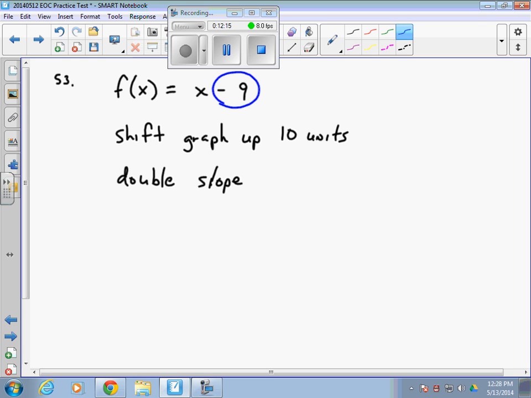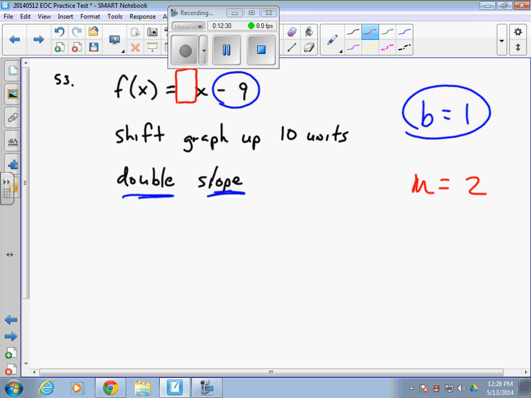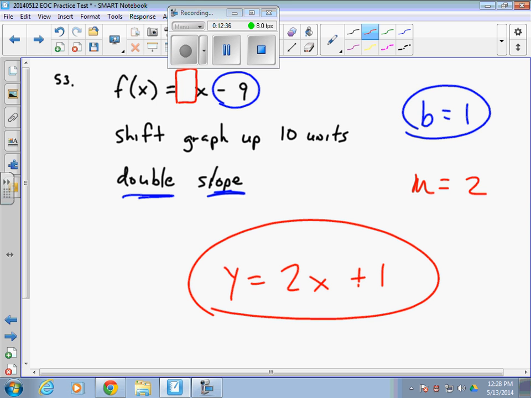If it goes up 1 more, it'll be positive 1. So the b value is going to be positive 1. And it says double the slope. Well, the slope is 1. It's not shown. But if it doubles, the m value is going to become 2. So y equals mx plus b, 2x plus 1. It's your new slope. Or how Jaden graphed it, g of x equals 2x plus 1.